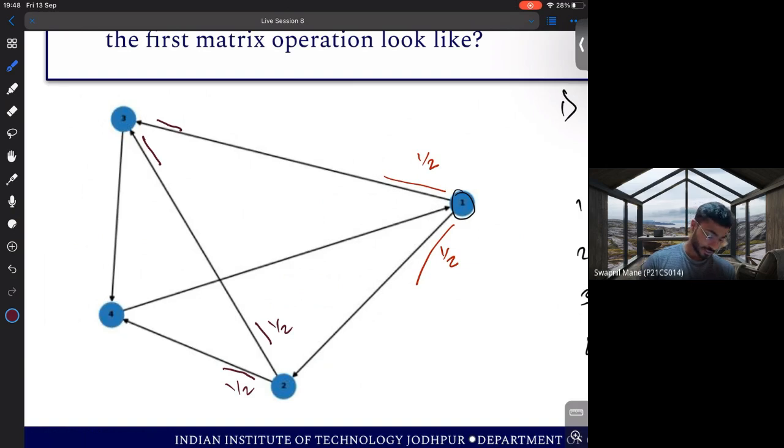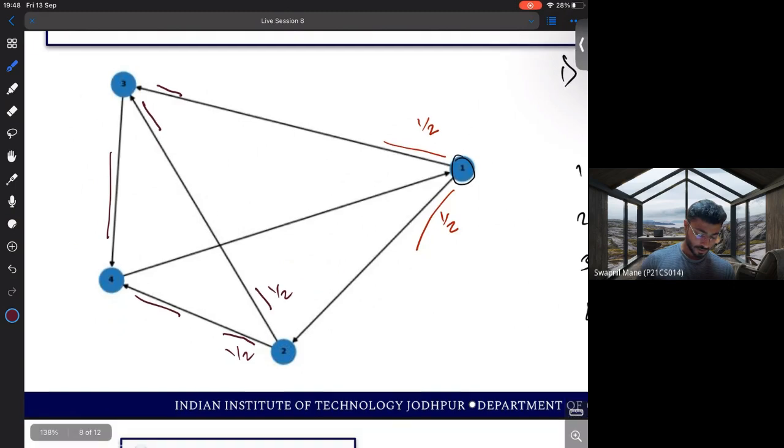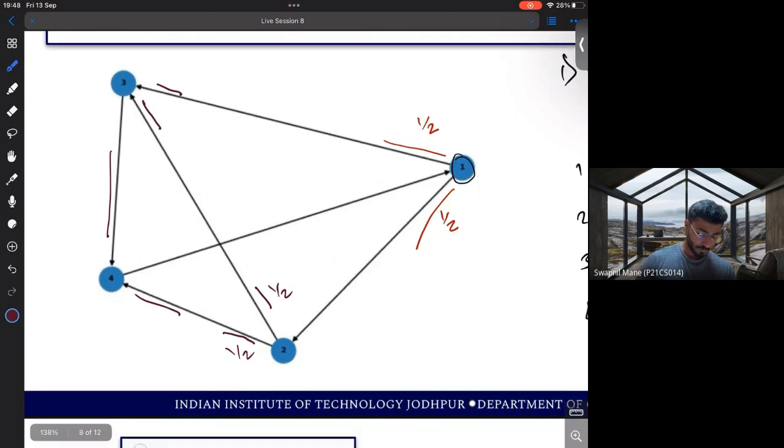Likewise, for node number 4, two incoming edges are there, from node number 3 and node number 2. As already said, node number 2 has two outgoing edges, so its value is distributed equally between them. Half of the contribution of node 2 goes to node 4. Node 3 has only one outgoing edge, so its whole contribution goes to the fourth node.